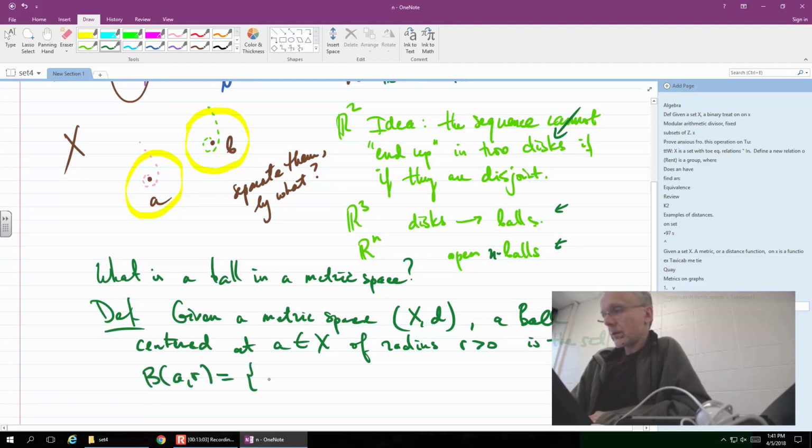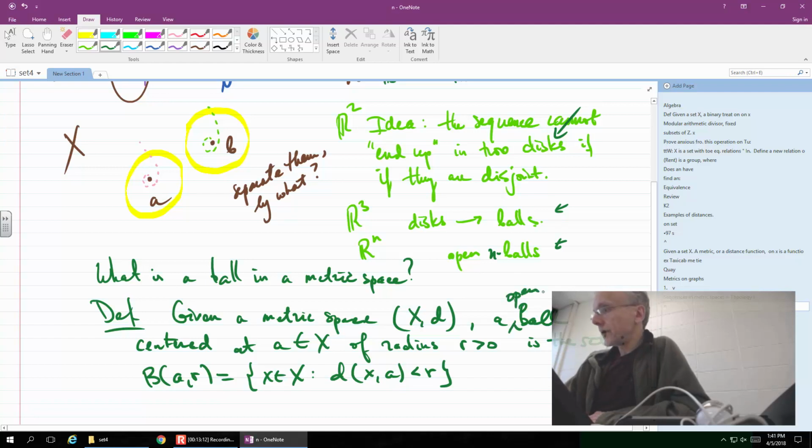It is the set of all x in X such that the distance from x to A is strictly less than R. So this is an open ball. You can have closed balls as well, but let's say it's an open ball.